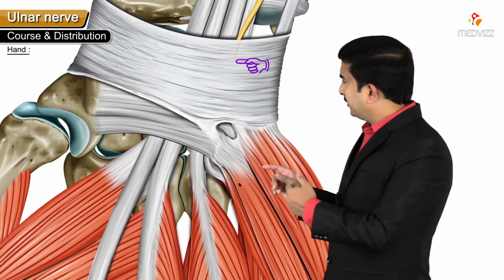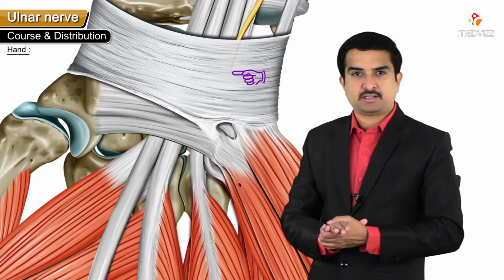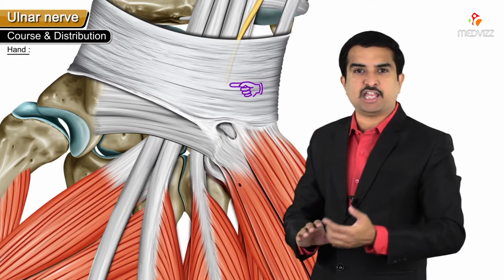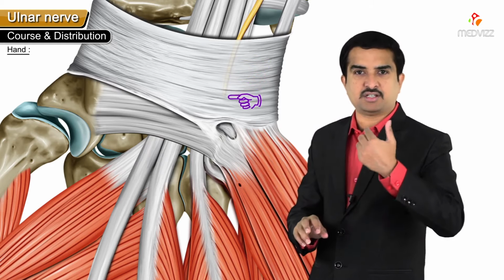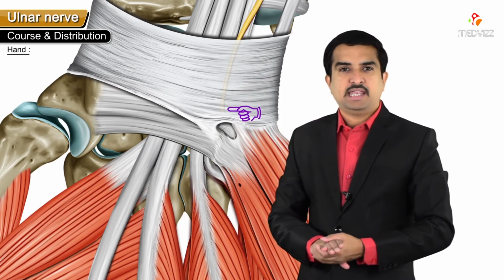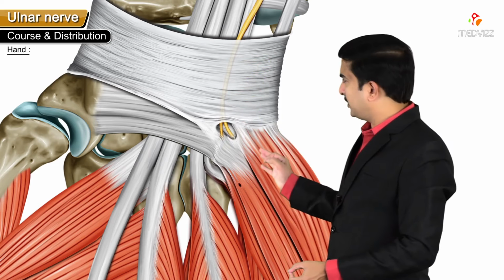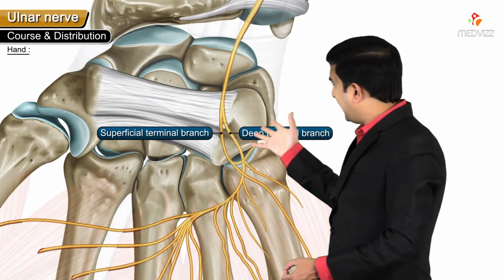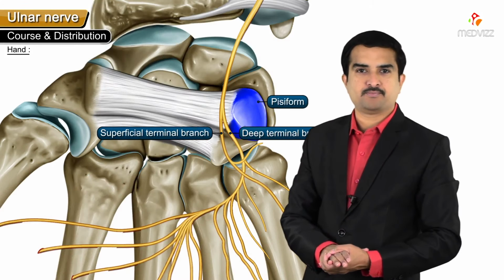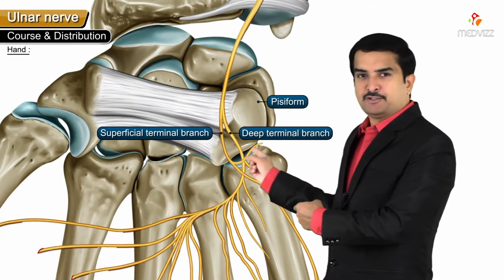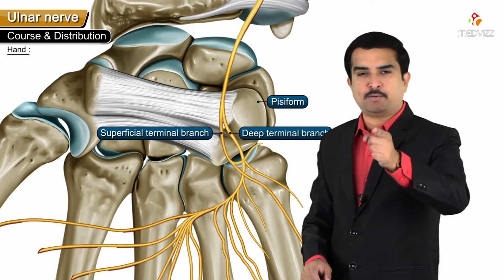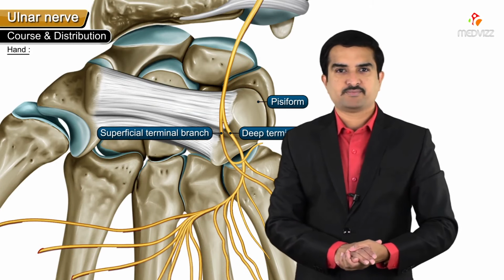So after the nerve enters into the hand, that is immediately after the Guyon's canal, it divides into superficial as well as deep branches at the level of the pisiform bone. So at the level of the pisiform bone, the nerve divides into superficial and deep branches.